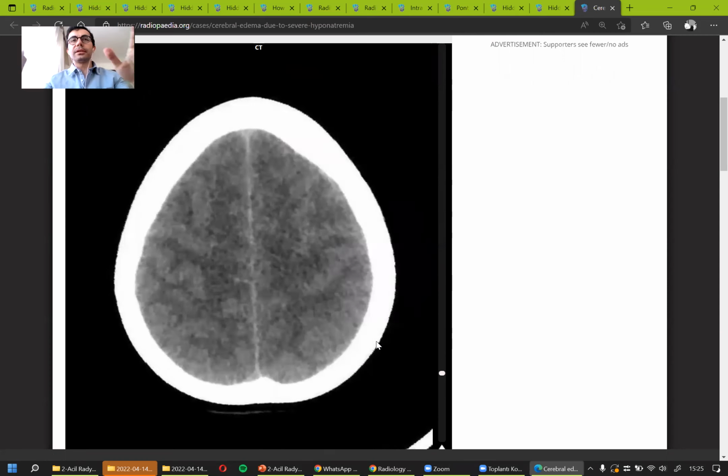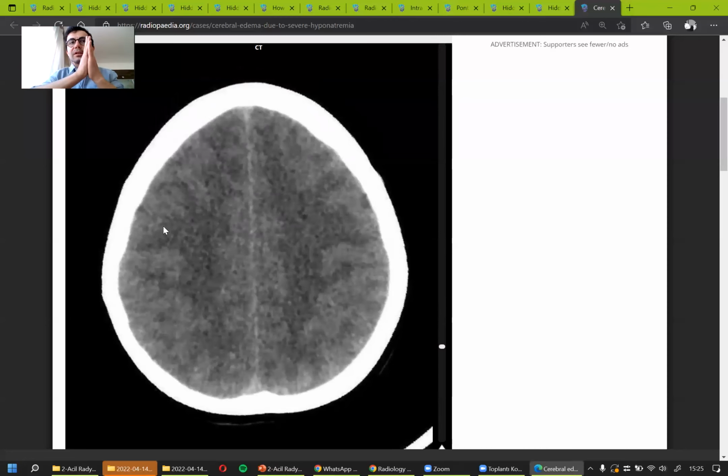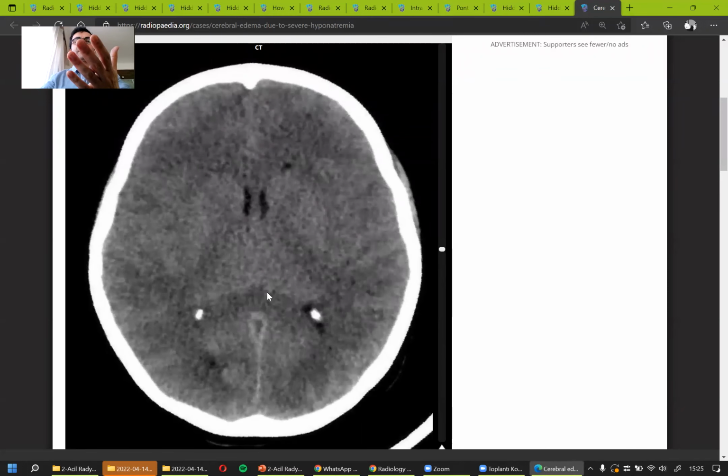Where is the subarachnoid space? The subarachnoid space is completely obliterated in this patient. We are not seeing any sulcus, right? Where is the sulcus? The sulci are not present. The gyri have stuck to each other, right? And I'm checking the ventricles. Look at the ventricles. The ventricles are pretty much also collapsed, right?